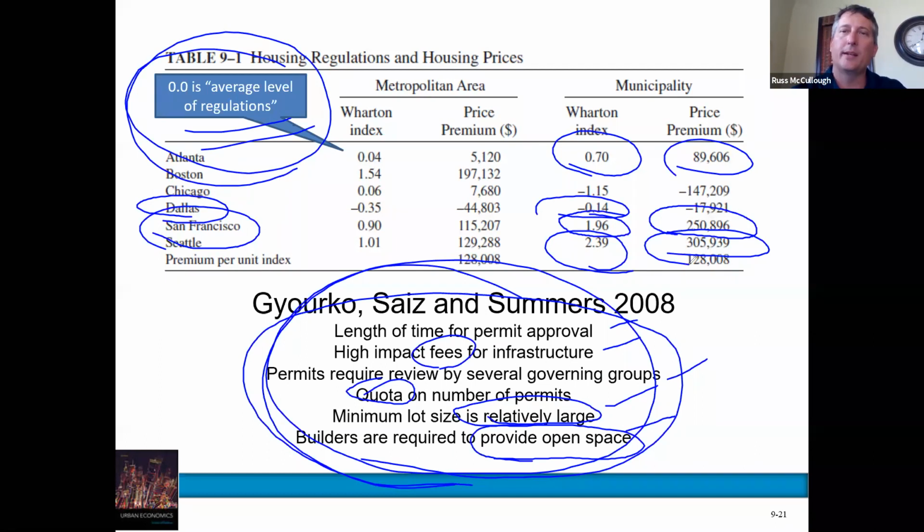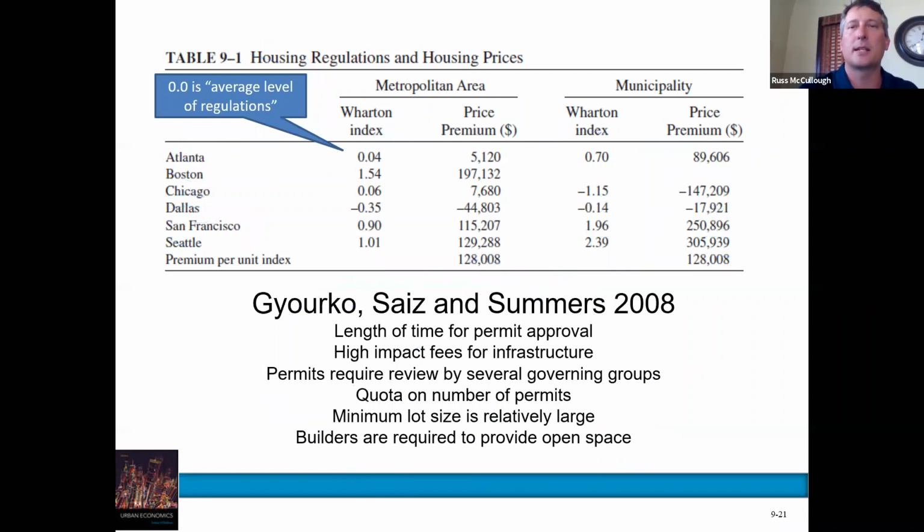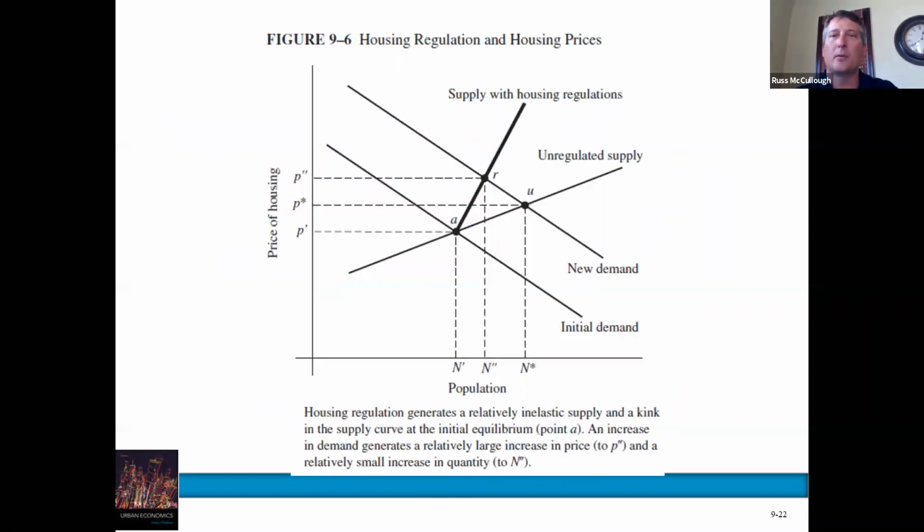The economists went in and looked to see, what's the impact of these? Is it true that cities that have more regulations have higher prices? And this is the data that they found. Some interesting results that support some of the theories that we're putting forth. Theory shows a supply curve that's kinked up, that's going to increase.